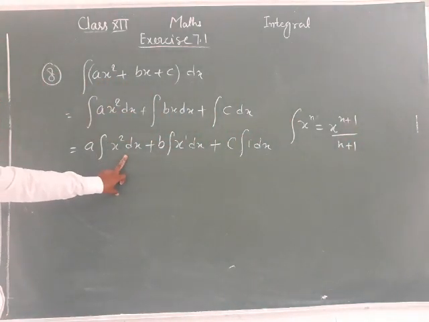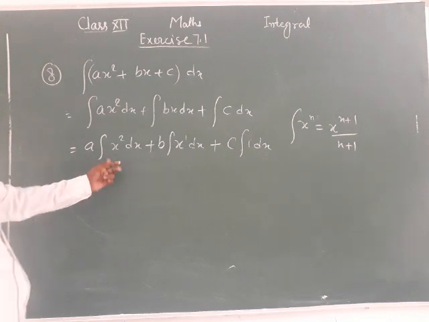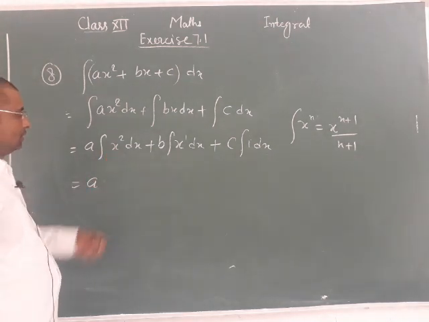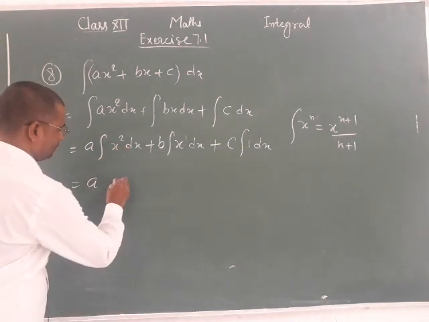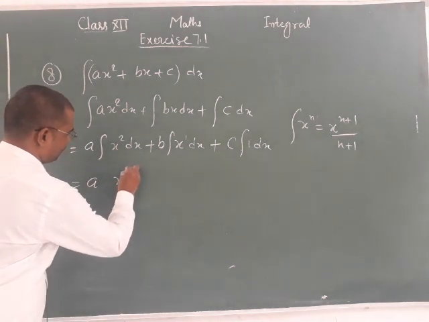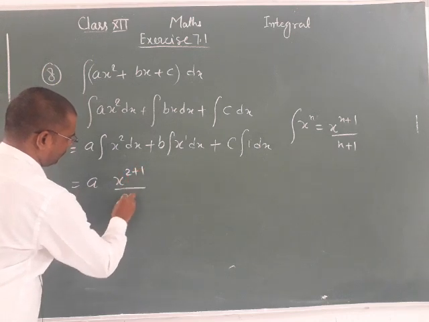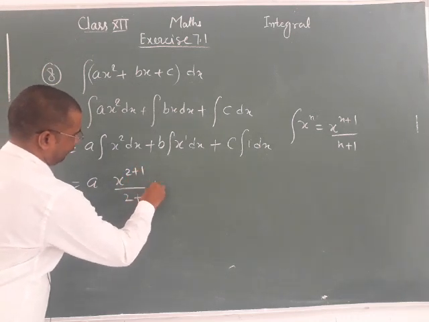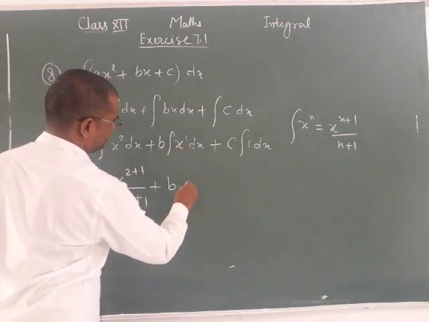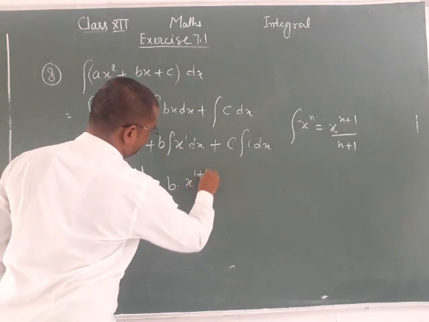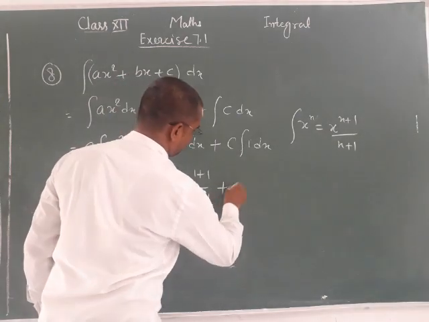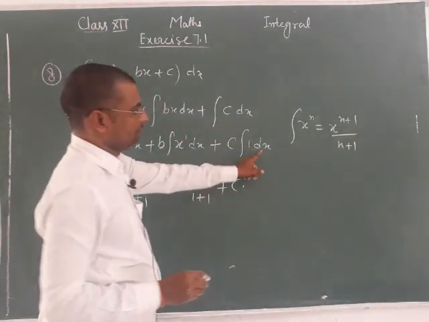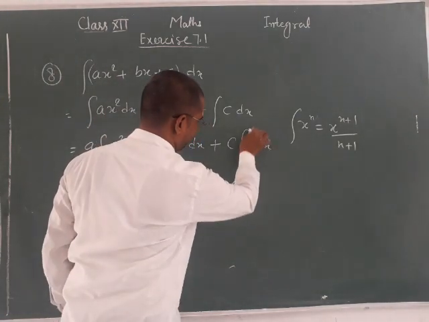According to this formula, now we can solve this integral: a times integral of x^2 dx gives x^(2+1) upon 2+1, and also b times x^(1+1) upon 1+1, and plus c times integral of 1 dx with respect to x.